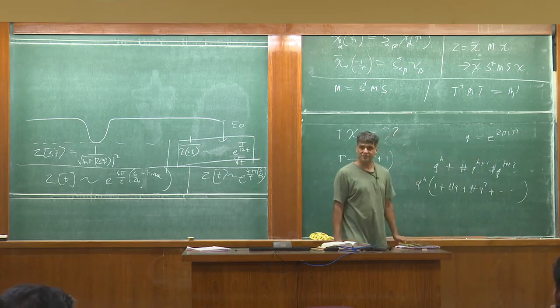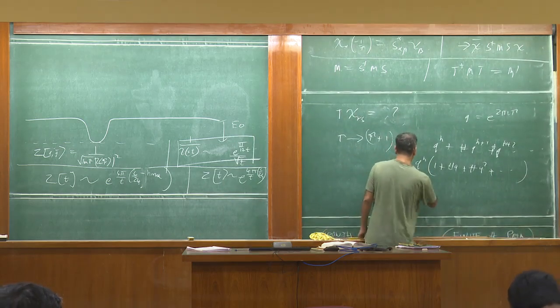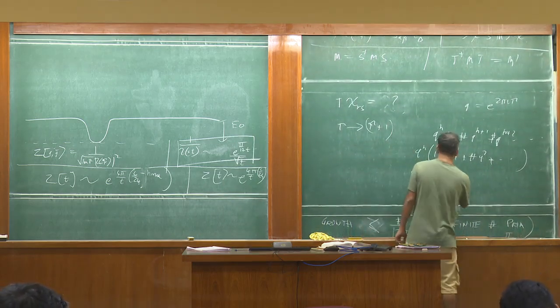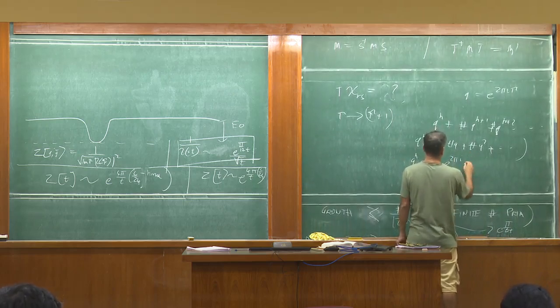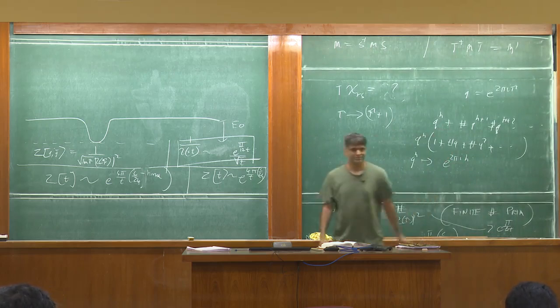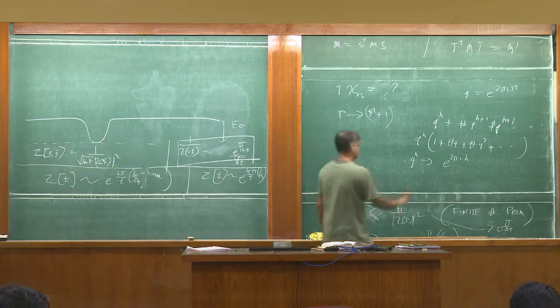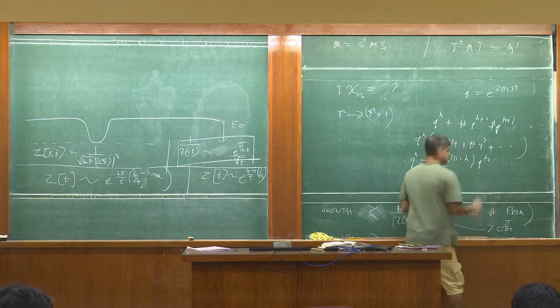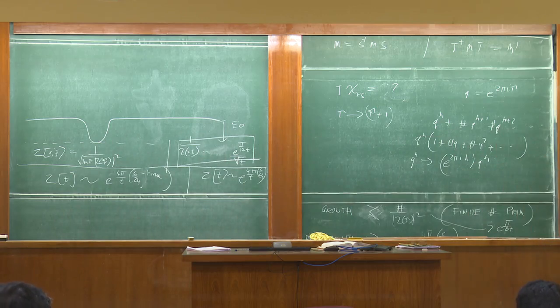This term transforms: q to the power h goes to e to the power 2 pi i h times q to the power h. And so we see the whole module picks up a given phase under tau goes to tau plus 1.